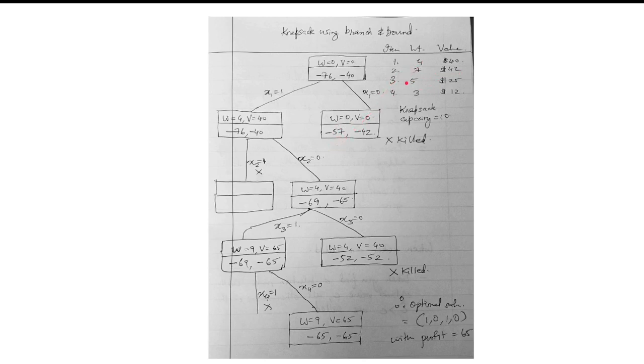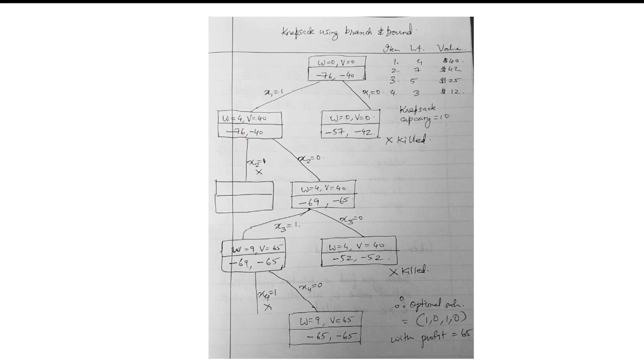And then by the upper bound, you add this item, but you cannot add the second item because it will exceed the weight constraint. So you stop with 7. So that will give you a profit of minus 42. Okay. So among these two nodes, we find that minus 76 has the lesser cost.